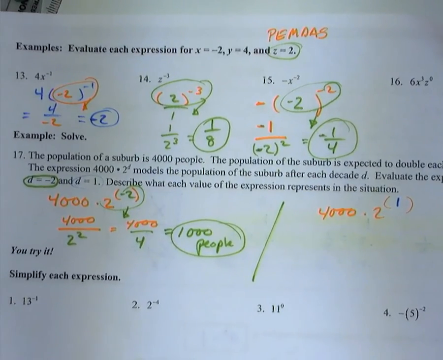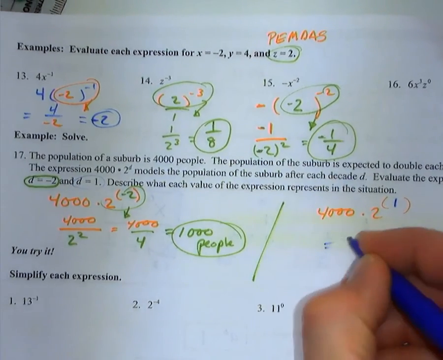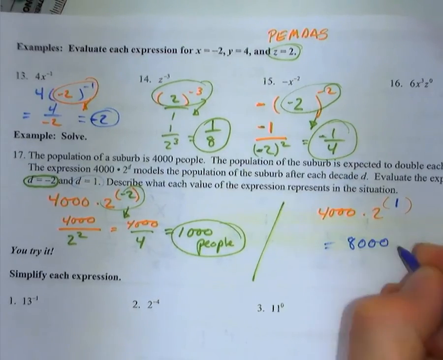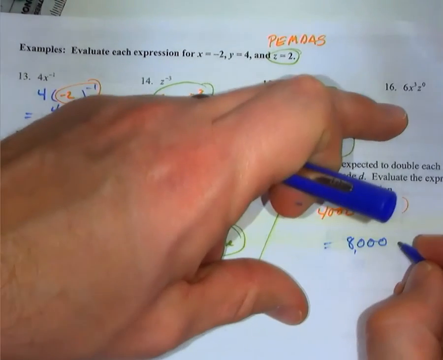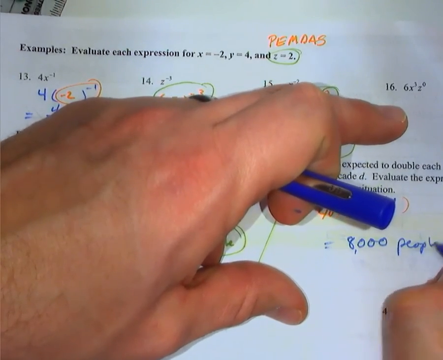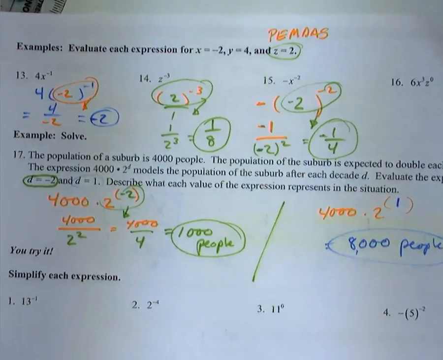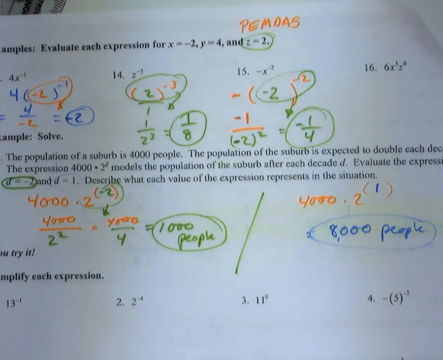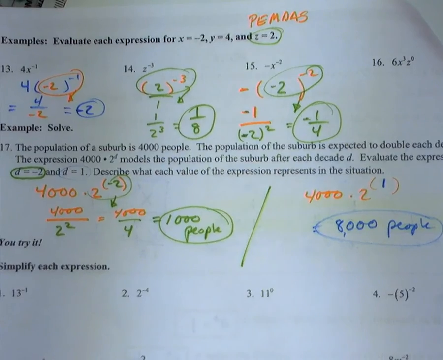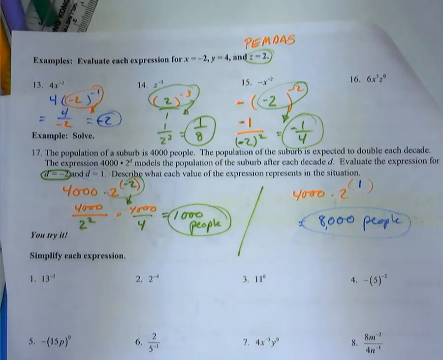Pluggy chuggy, simplify. What's 2 to the first? That's just 2. And then 4,000 times 2 is 8,000, right? We get 8,000 people.